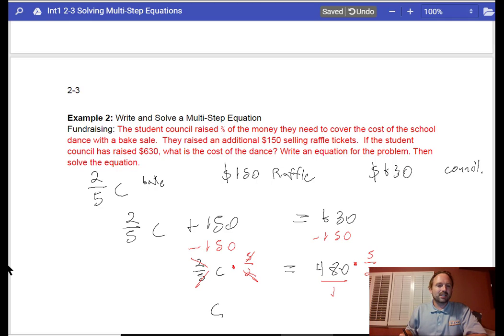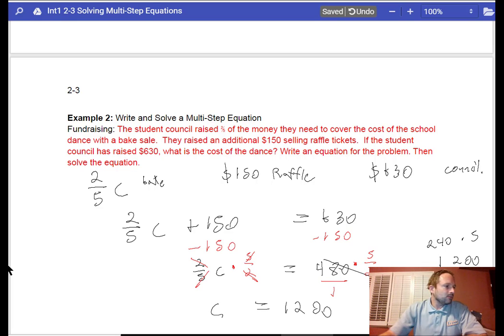I think I would divide by 2 first, so I'd get 240, and then I'd times 5. So 240 times 5, 5 times 4 is 20, and then 5 times 2 is 10. So C is equal to 1,200. So the dance costs $1,200. That's a lot. Let's go on.